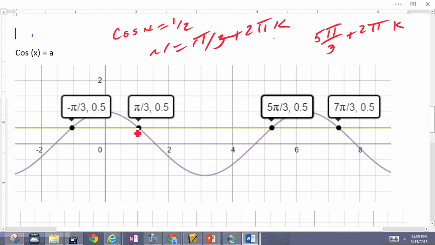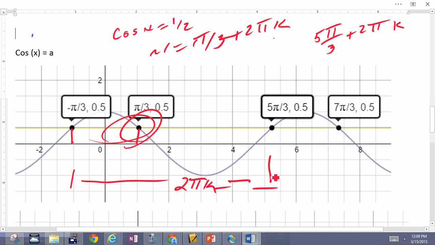My contention is this value and this value both are solutions, and they are opposites. So we could go with just the one, because the inverse cosine is just going to give us that one. This one is the opposite of that, which plus 2 pi k is going to give us this next solution.